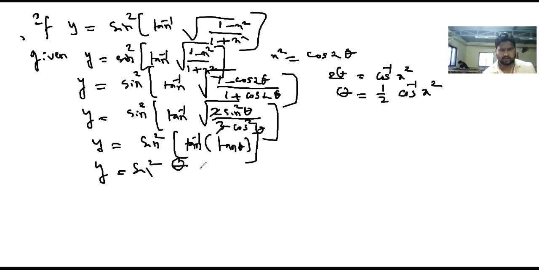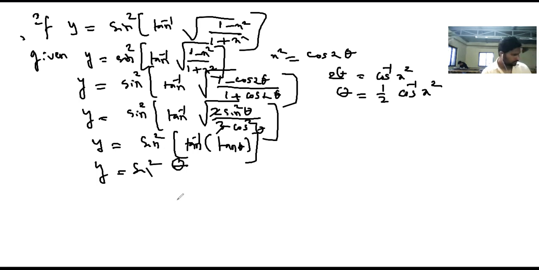If you substitute theta here, it will be lengthy again. Sine square into bracket 1 by 2 cos inverse x square is lengthy. Is there any idea to reduce this length?